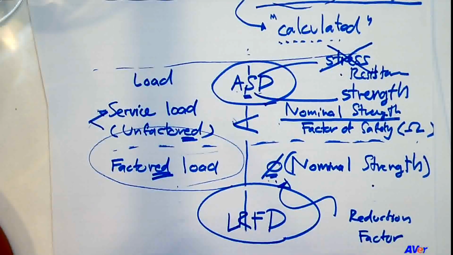Even though it is a hot roll, a standard steel section coming out of the manufacturing process, you will never know the true thickness of the flange, for example, or the true thickness of the web. So we need to account for that. Or we don't even know if the formulas we use will actually work the way they're supposed to. So we account for that.